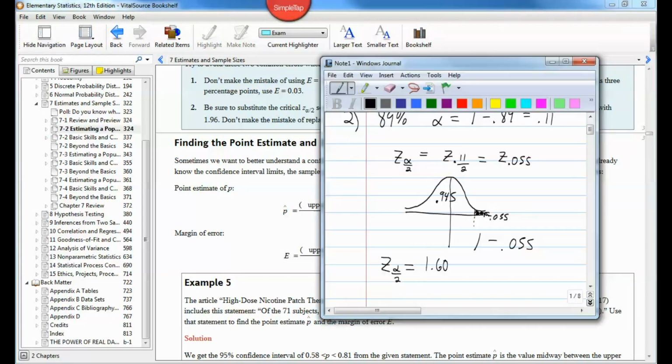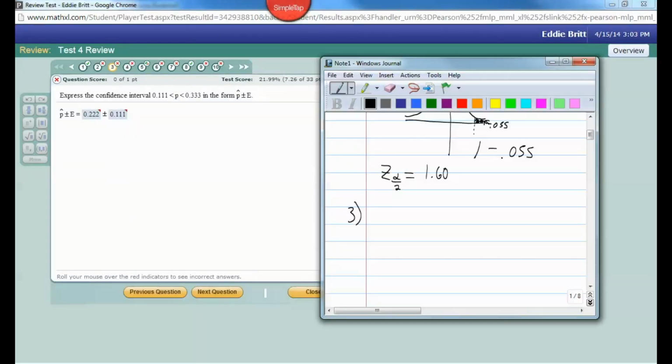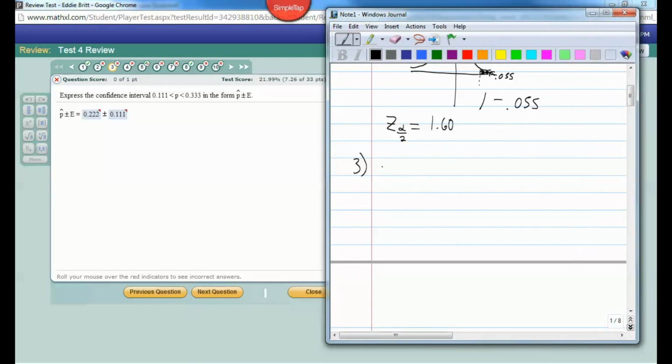Let's find that real quick. Let's go back to our problem. This is the lower confidence limit. This is the upper confidence limit. We said that p hat is going to equal the upper confidence limit plus the lower confidence limit divided by 2. The margin of error is going to be the upper confidence limit minus the lower confidence limit divided by 2.